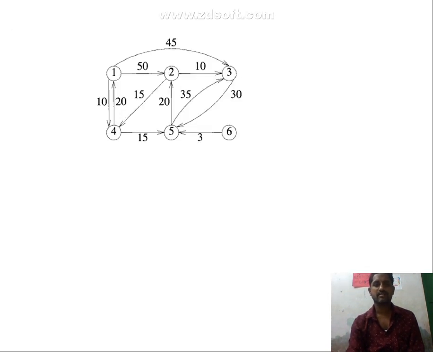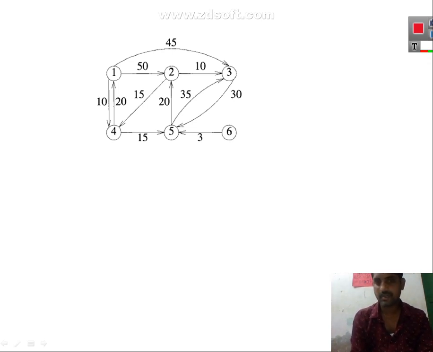So the graph here has 1, 2, 3, 4, 5, 6 vertices and 1, 2, 3, 4, 5, 6, 7, 8, 9, 10, 11 edges. So how to construct? First of all we go through the different steps, step 1.